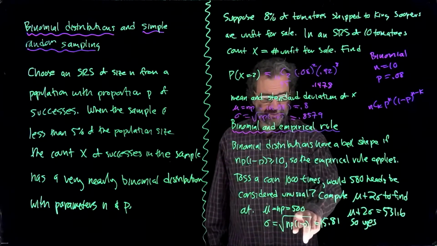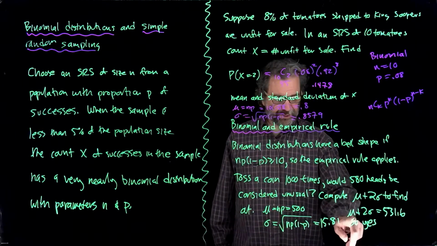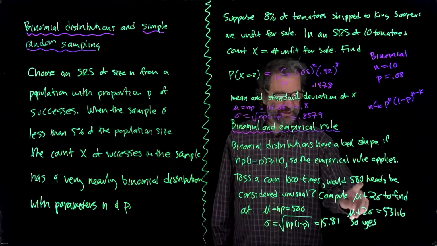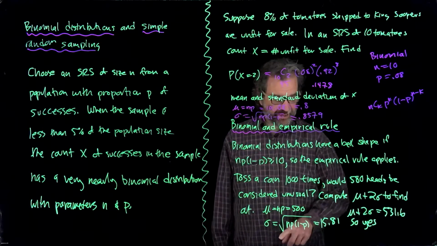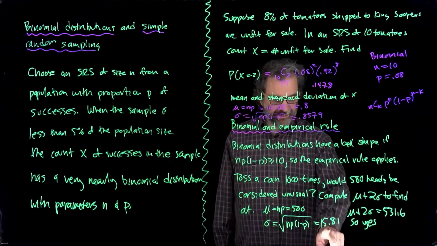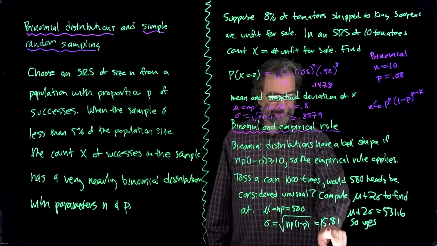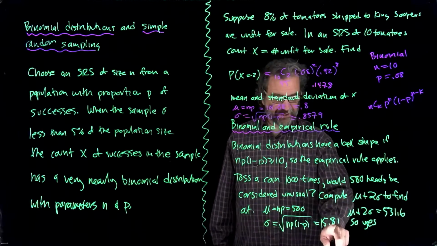Then we compute mu plus 2 sigma and see how it compares to 580. So 580 is above the mean. Is it far enough above? Is it more than 2 standard deviations above? So mu plus 2 sigma is 2 standard deviations above the mean. That's 531. 580 is a lot bigger than that. It's 80 above the mean. How many standard deviations is that? About 5. So it's really unusual because it's 5 standard deviations above.